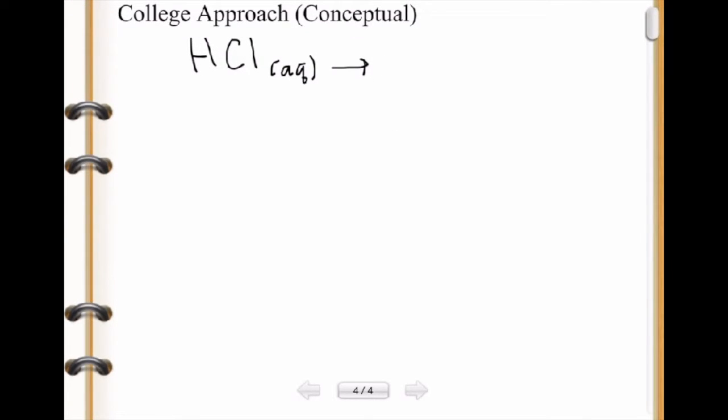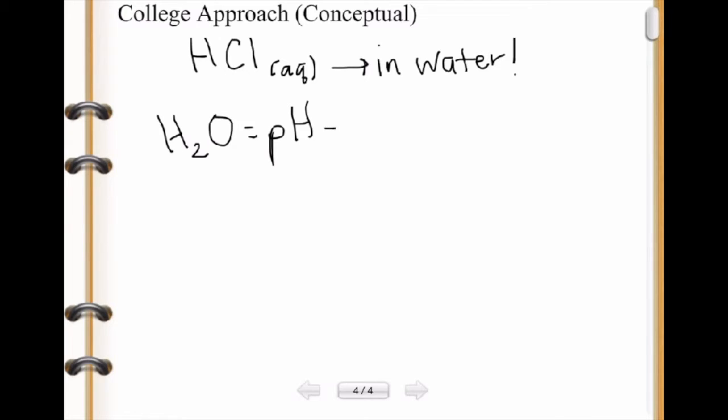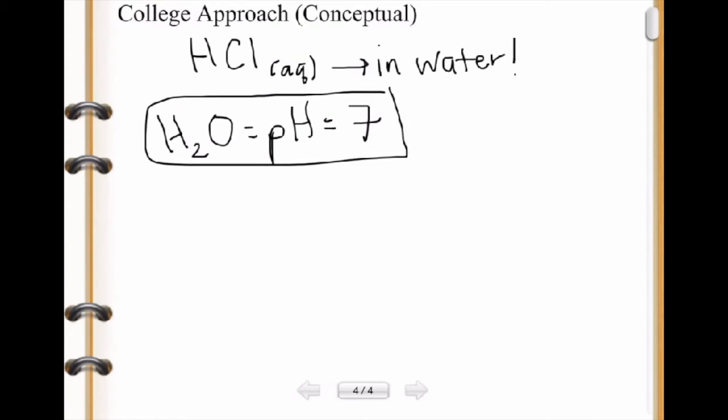Sorry. Aqueous means in water, right? It's in water. And I don't know if you guys ever remember, but water has a pH of 7, right?